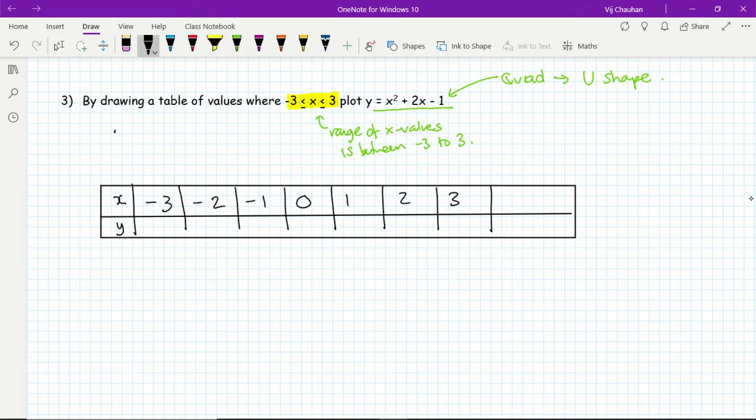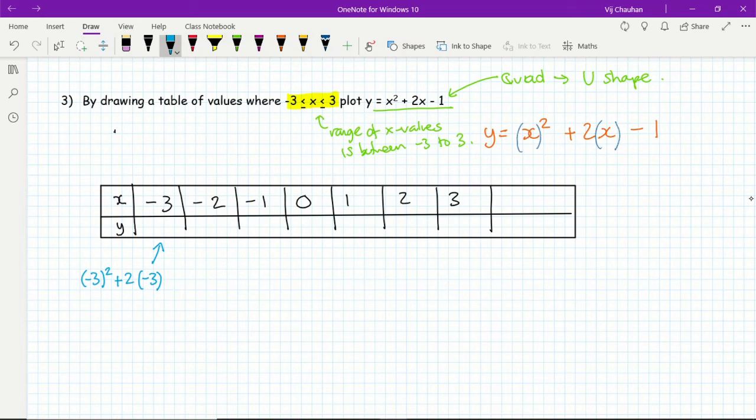Now if I write down the formula, which is y equals x squared plus 2x minus 1, again, encourage the use of putting brackets around everything that's got an x. Now if I was to work out this value here, then what I'm going to do is I'm going to replace the brackets with the number that I've got above it. So here I'm going to have -3 squared plus 2 lots of -3 take away 1.